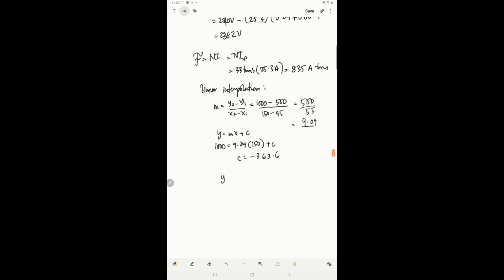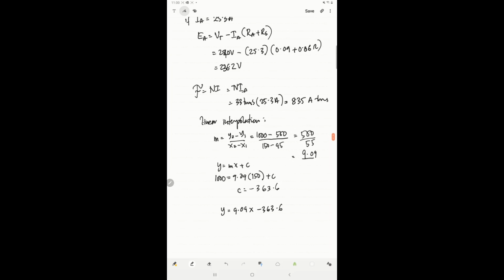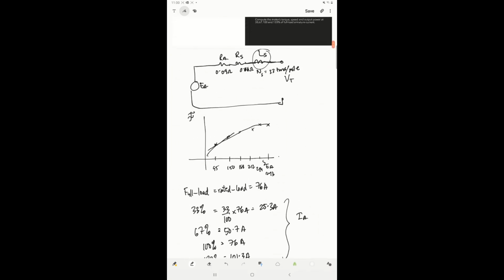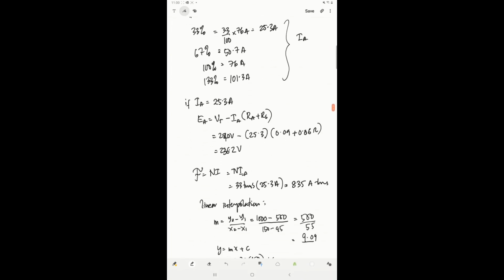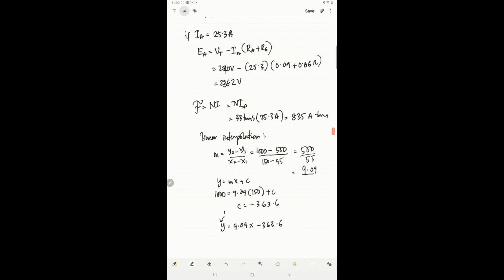So the equation is y equals 9.09x minus 363.6. Here y refers to the magnetomotive force and x is EA.